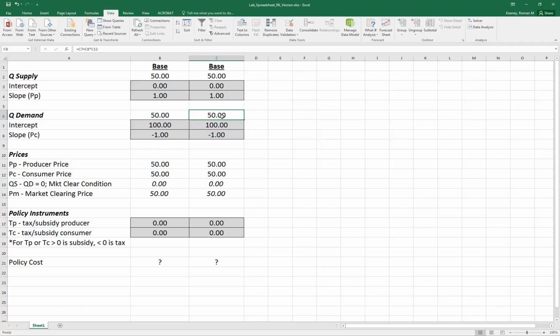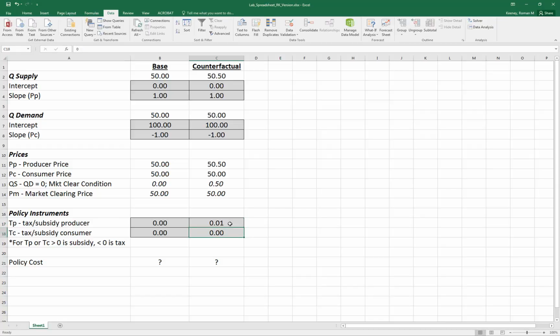There are some cases where you have to be careful, where you may have an absolute reference, but not in this model, the way we've done it. So in this one, we can copy this over, and I'm just going to type counterfactual here. And our counterfactual is going to be fairly simple. It's going to be what happens if there's a 1% subsidy.